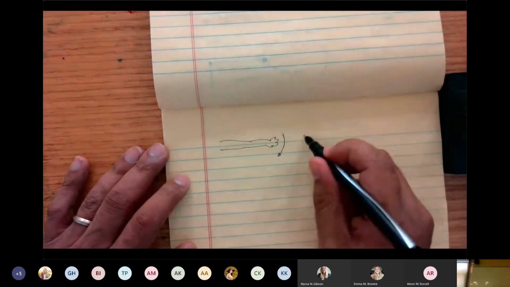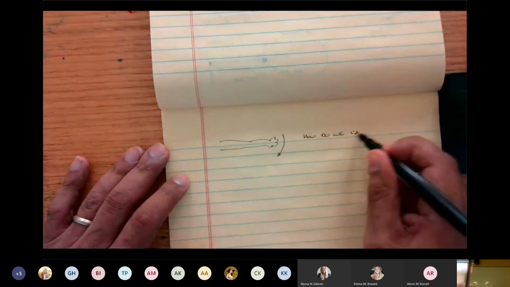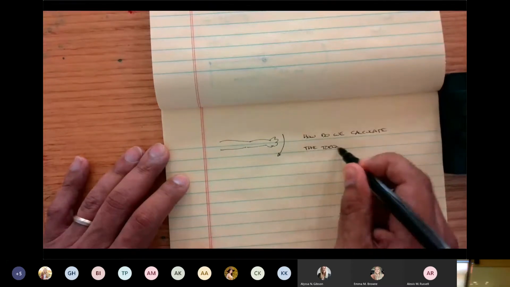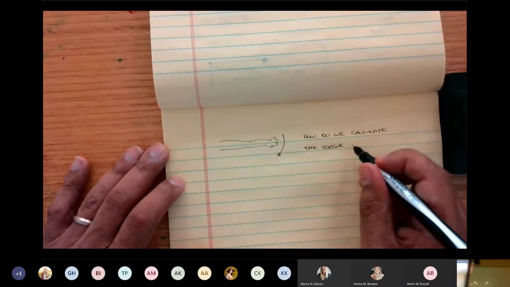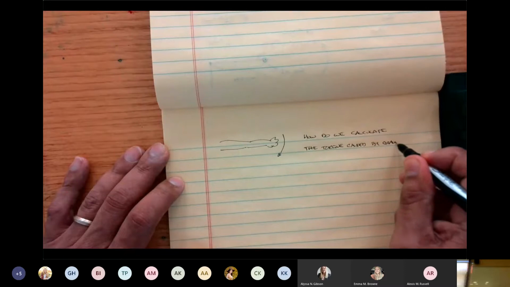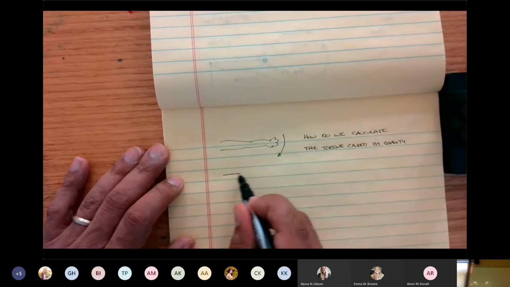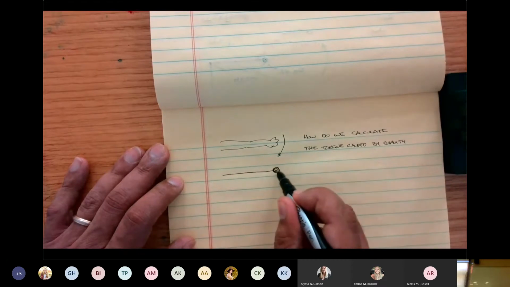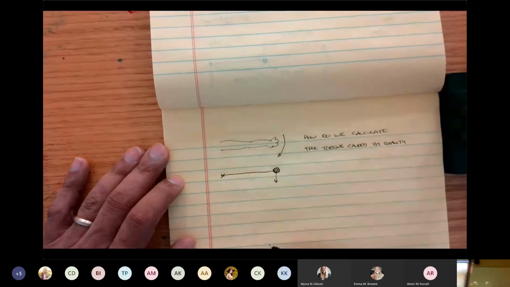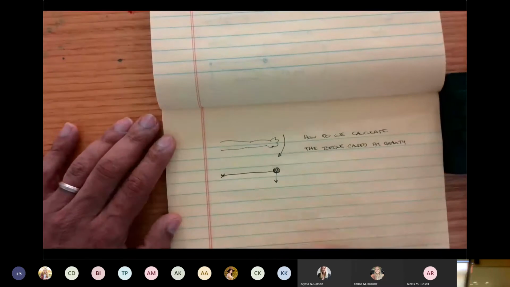Now, it's not such a simple problem. If instead of having an arm, we have a little light rod, and at the end we have a mass, well, if the pivot point is here, and all the mass is in one end, then we can apply the equation of torque the same way that we have seen it so far.